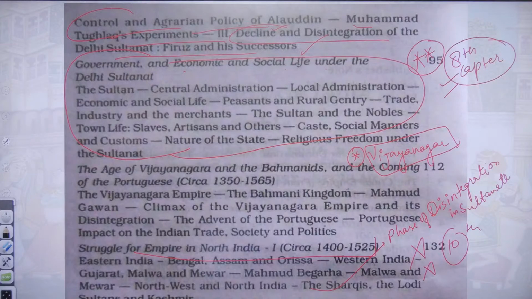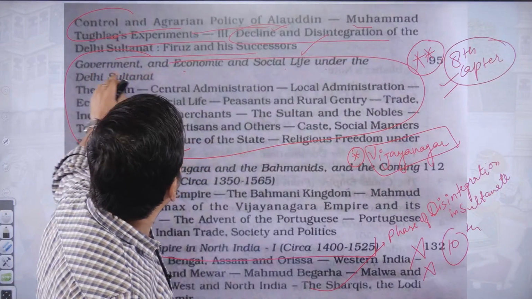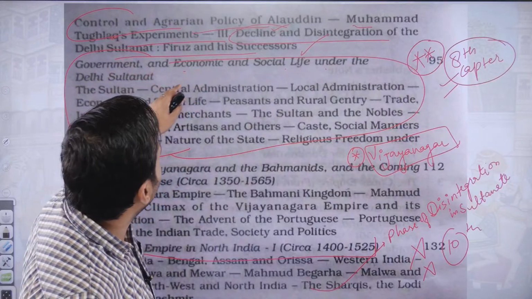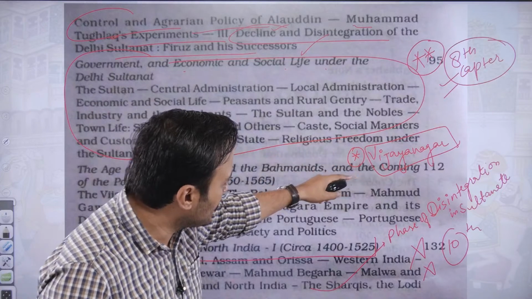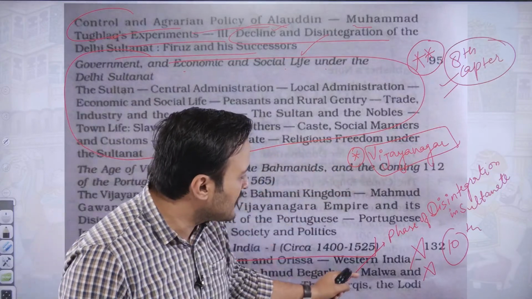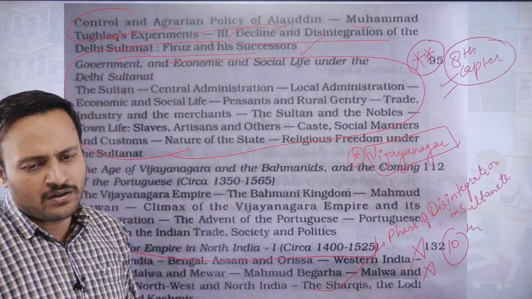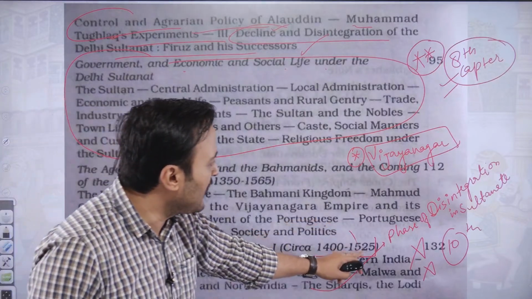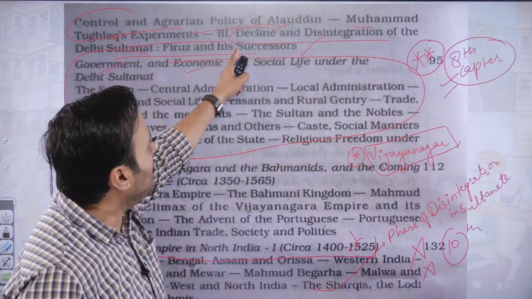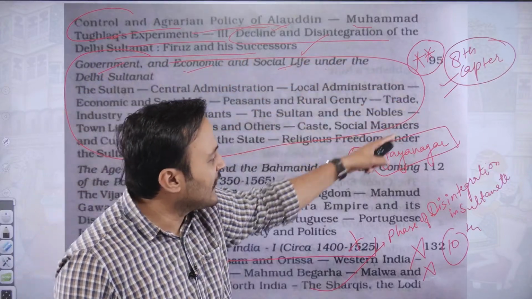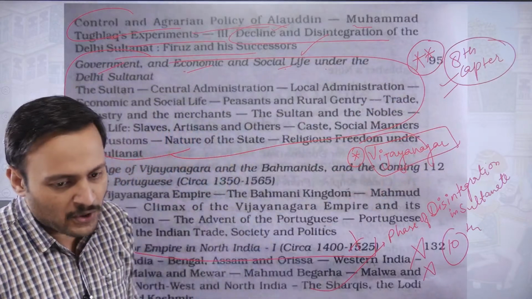Then we have some topics like the government, economic and social life under the Delhi Sultanate, that is important. Vijayanagar is important. And we have the phase of disintegration, that is slightly important, not much. So we can leave this part. Only the government, economy and social life under the Delhi Sultanate and Vijayanagar, these two topics are important.